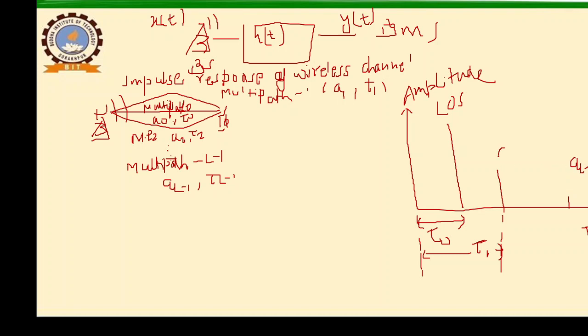This is the A1 attenuation function, and it is due to cars and buildings. This is tau L minus 1.